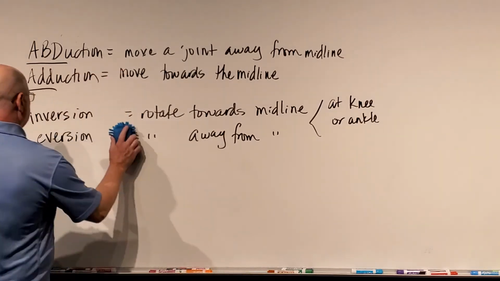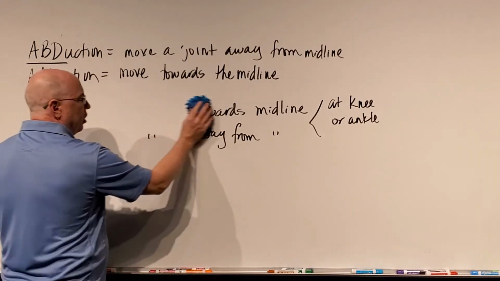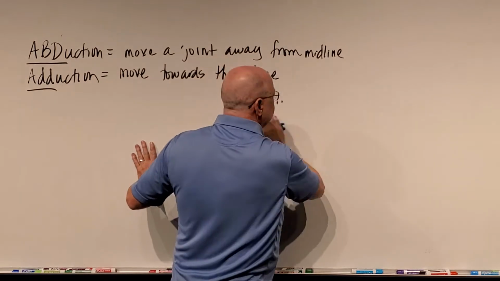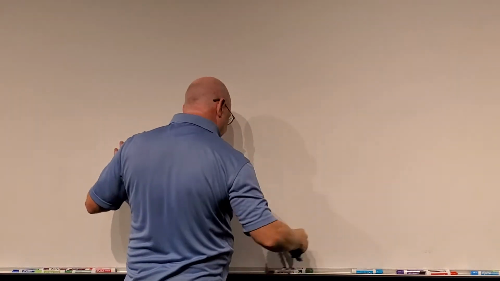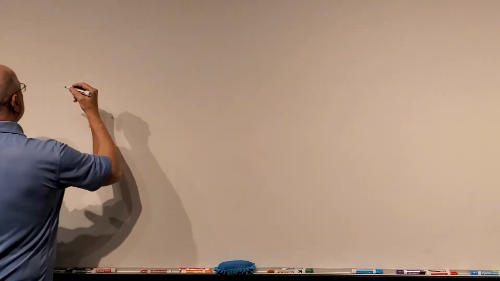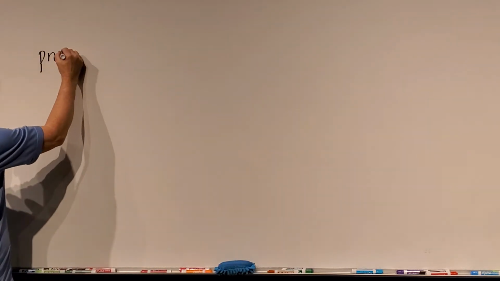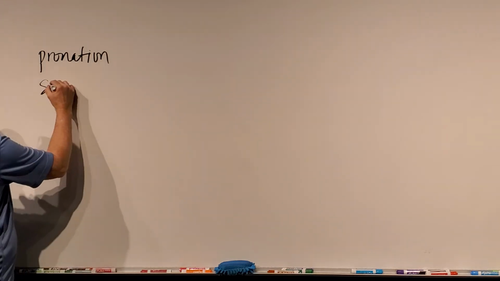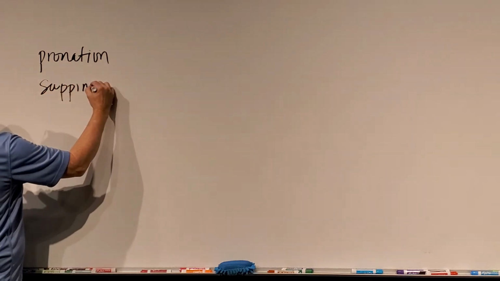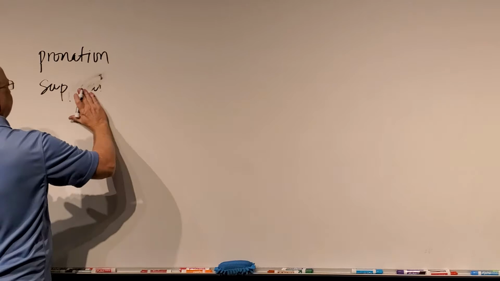So, the next two, and I skipped these, are pronation and supination. These two are a big deal. So, you know, we like to ask these ones especially a whole lot. So, pronation and to pronate, and supination or to supinate, and I think there's only one P in supination.